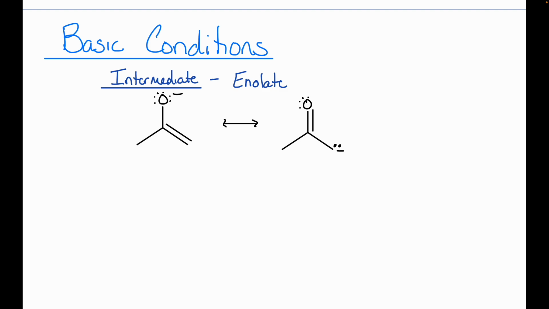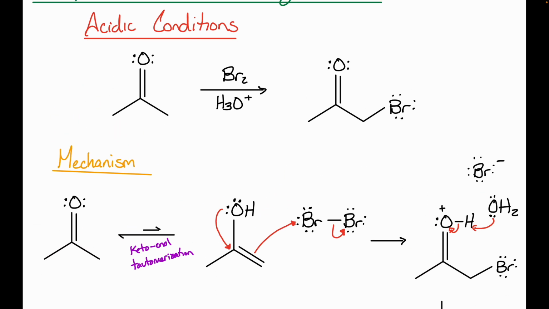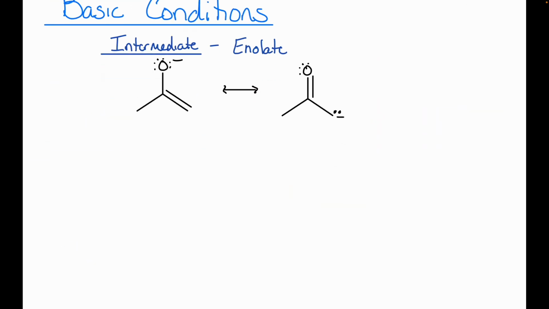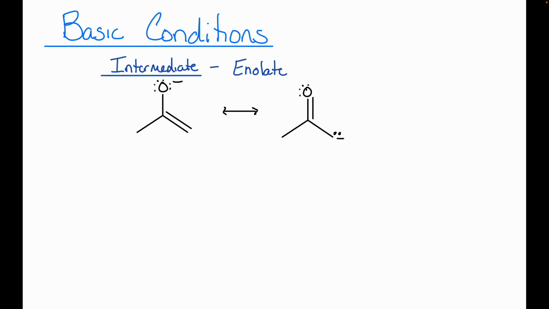Right? It turns out that this enol that forms under acidic conditions, once you brominate that alpha carbon, you don't form any more enol. You now shift this equilibrium way in favor of that keto form. Under basic conditions, once you brominate that alpha carbon, it will form an enolate even easier.